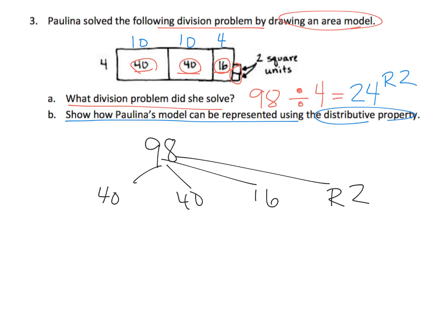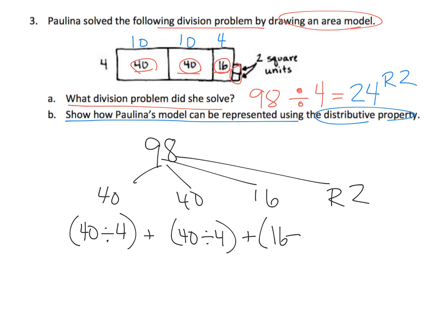And so the idea is this first 40, we can think of as 40 divided by 4, plus 40 divided by 4, plus 16 divided by 4, plus, well, I'm going to leave that alone right there.